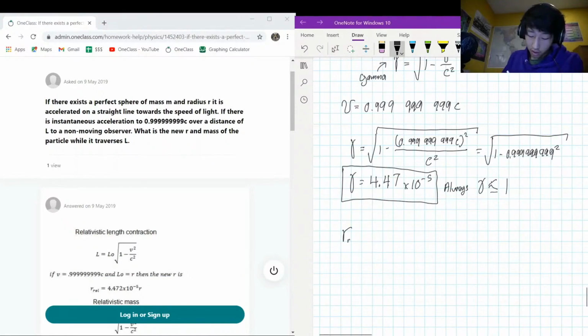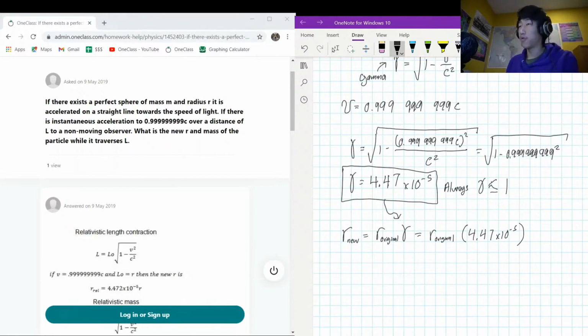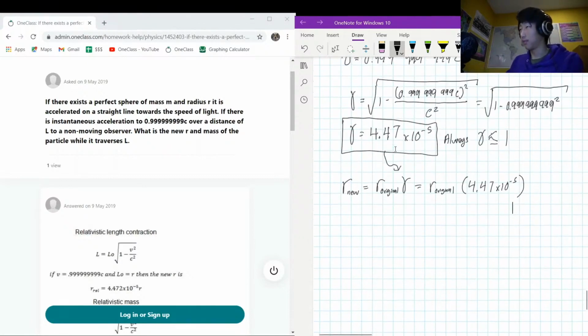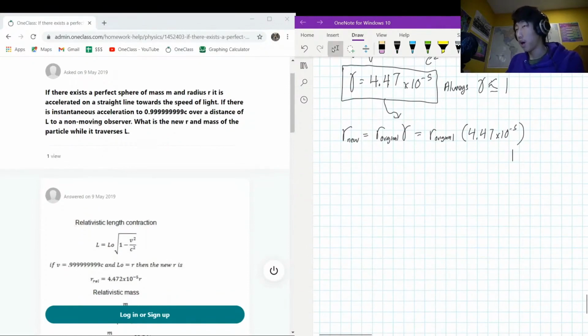So r new is going to be r original times gamma, which is just going to be r original multiplied by a term of 4.47 times 10 to the negative 5. Okay, so the radius is going to appear much shorter than it would otherwise. Radius as a length is going to contract, so it becomes much smaller. Okay, so that would be our r.